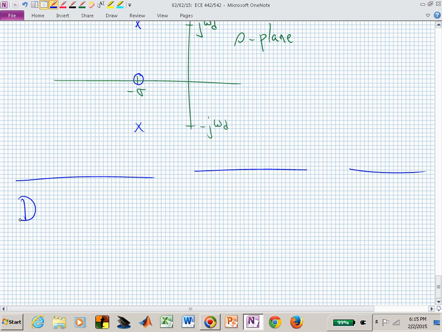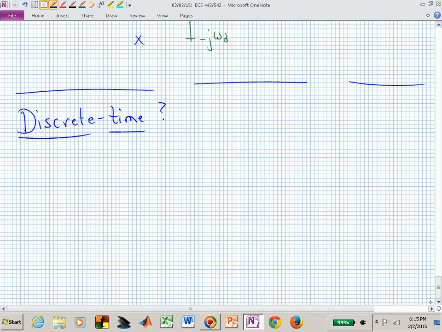What happens in discrete time? First, maybe it'd be nice if we even had a feel for what that might look like as a sampled waveform.